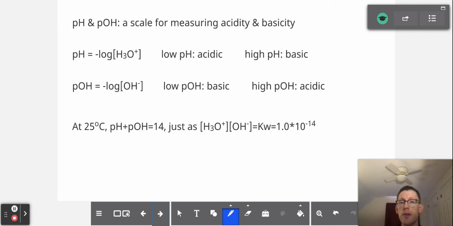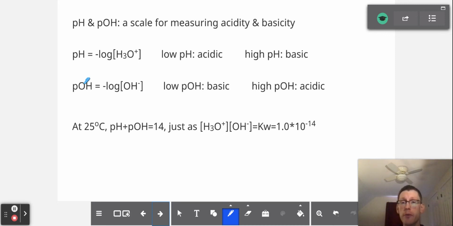So we know that a high concentration of H3O+ will give a high acidity. And so in that case, the negative log of a high concentration of H3O+ would actually be a low number. And so a low pH means that you have an acidic solution. A high pH would mean that you have a basic solution. We'll get into the calculations in the next video.